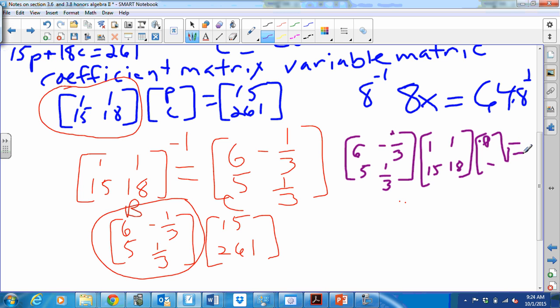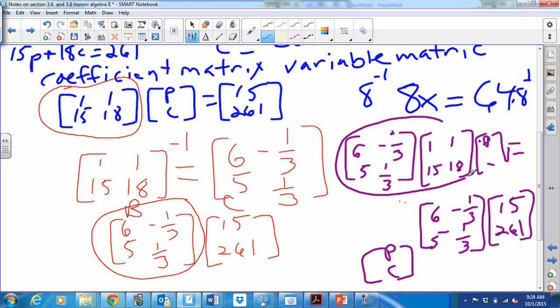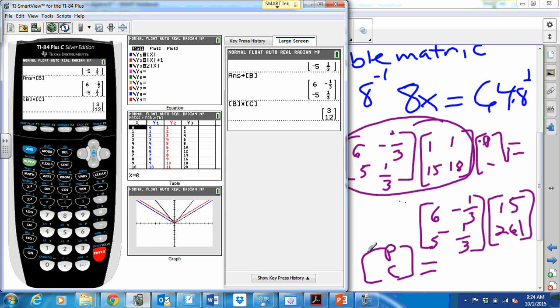That equals, we have to do it on the same side for the other side, 6, negative 1/3, 5, 1/3 times 15 over 261. So our result is that P over C, because this all equals 1, is equal to 3 over 12.